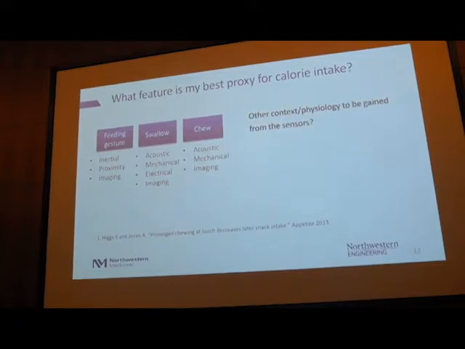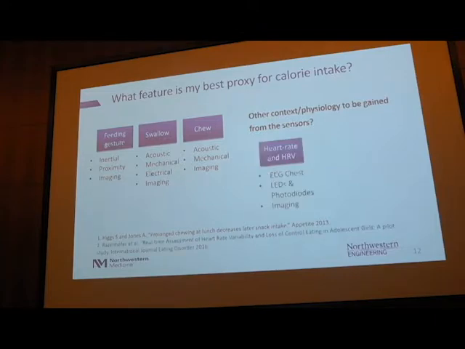But one question to constantly ask yourself when thinking about the sensor you're going to select is what other context or physiology can be gained from the sensor I'm actually going to be using. There's also heart rate variability, and Reisenhofer showed that in young adolescent girls, increased heart rate and lower heart rate variability correlated with loss of control eating right before the episode.